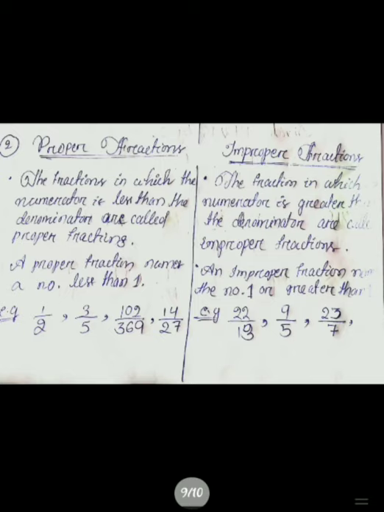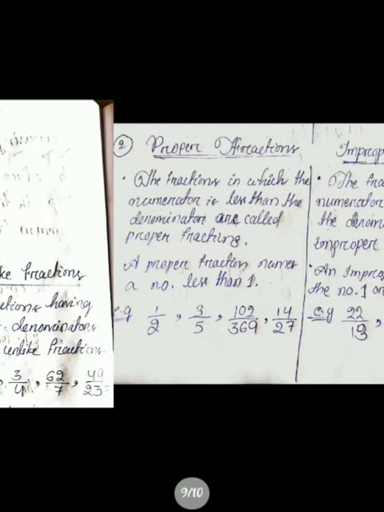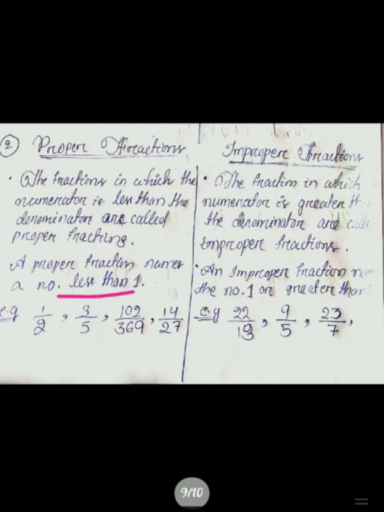Now just see here, in the proper fraction, as I said, the numerator should be less than the denominator, here 1 by 2. So 1 is less than 2, 3 is less than 5, 102 is less than 369 and 14 is less than 27. So the numerators are less than the denominators. The denominator is greater and the numerator is smaller.